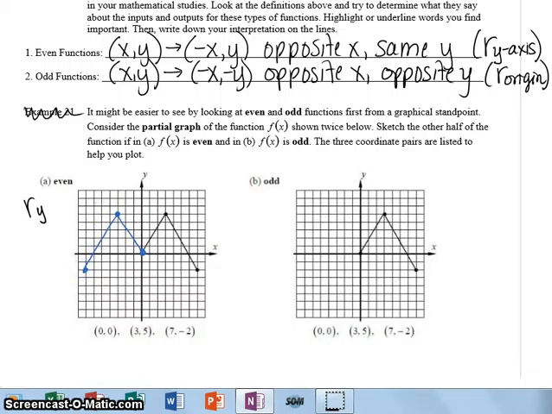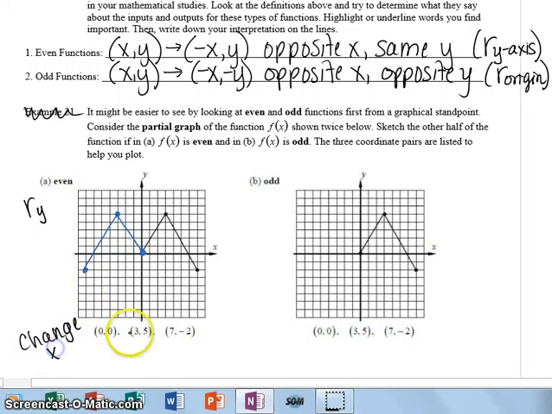Okay, if you wanted to look at these coordinates, remember, you're only changing the sign of the x. Now, 0 can't get changed. That's why the point on the line of reflection stays 0, 0. This one goes to -3, +5. And then this one goes to -7, -2. So if you notice, only the signs on the x's change.